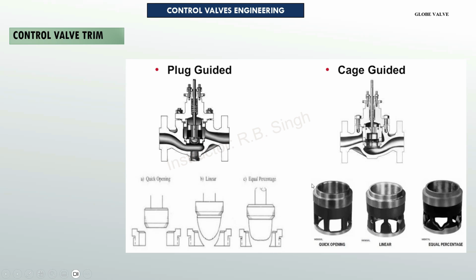But if we use the cage guided trim, then this is for quick opening, this is for the linear application, and this is for the equal percentage. This empty space you can see defines the valve characteristics, and based on these different types of trim, the valve can be operated in different kinds of scenarios.